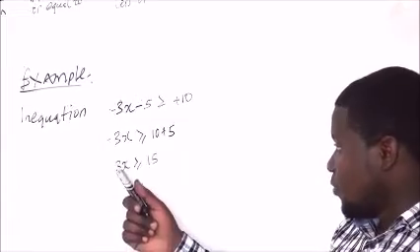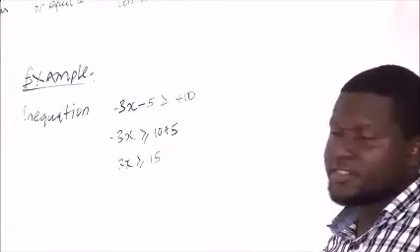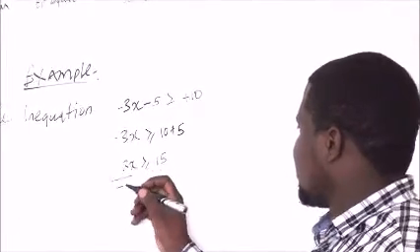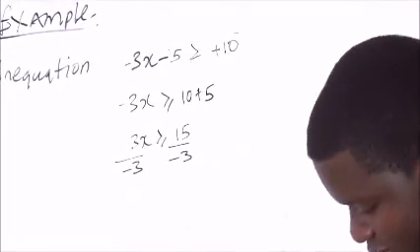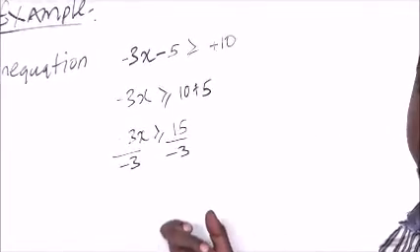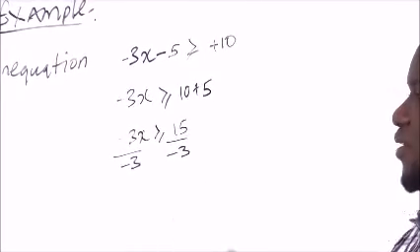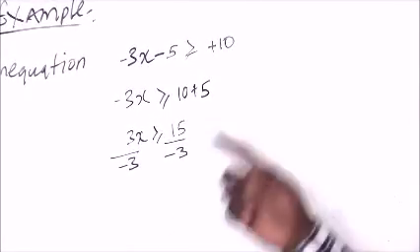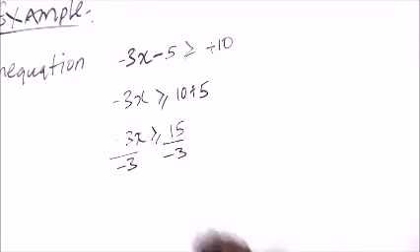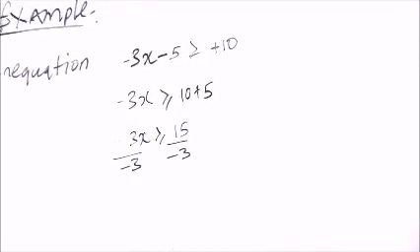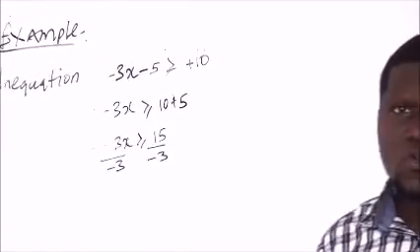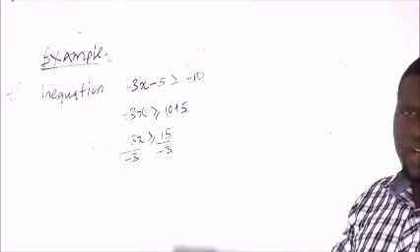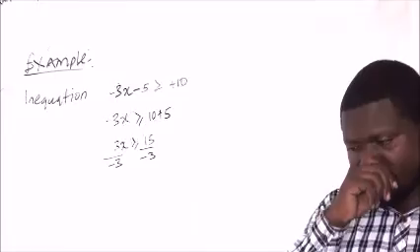Thereafter, I'll divide both sides by the coefficient of x, which is negative 3. On this one, whenever we divide by a negative, it being a coefficient of x or any variable, always remember that the symbol will change from greater or equal to less or equal to.